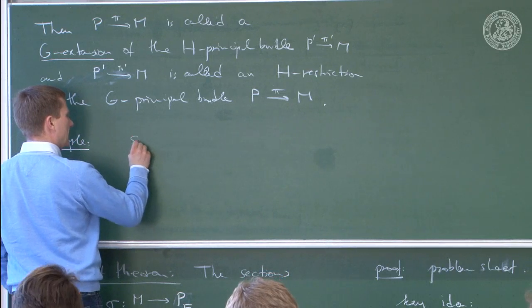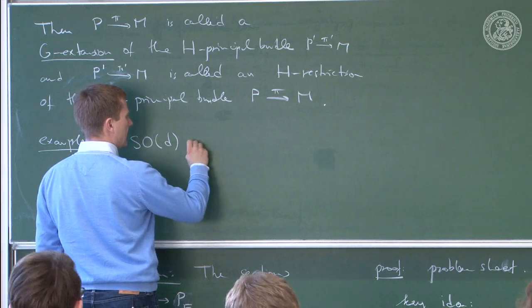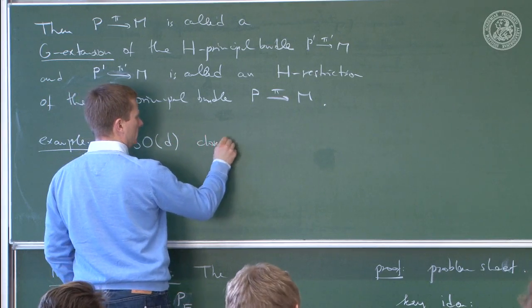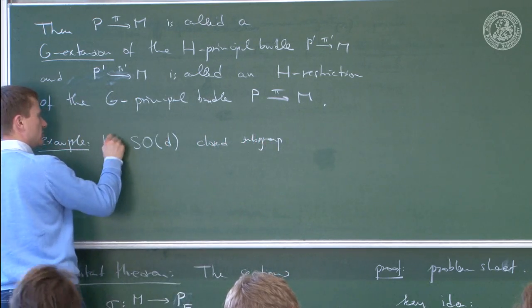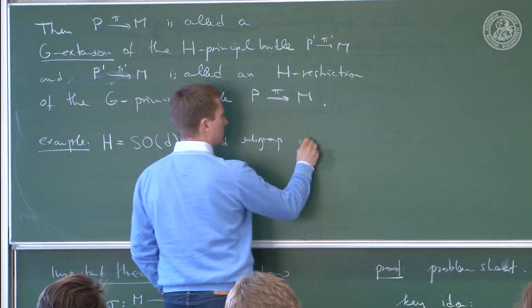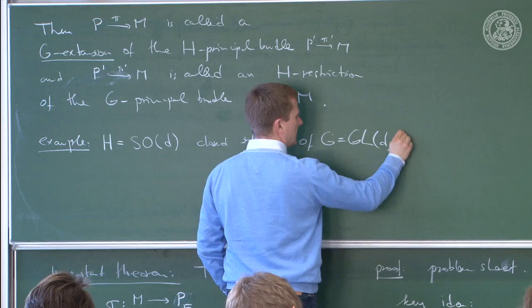We might want to look at SO(D) as a closed subgroup. So H chosen as SO(D) as a closed subgroup of G of GL(D,R).